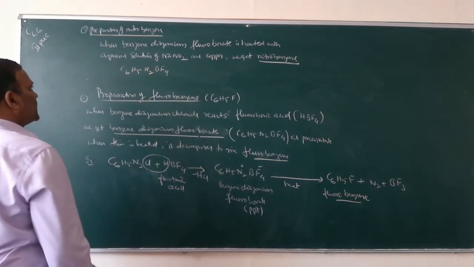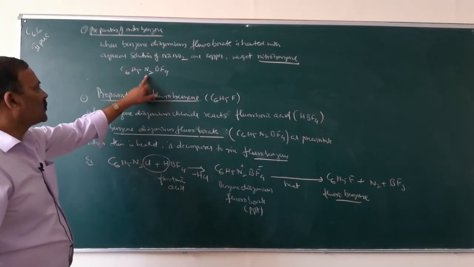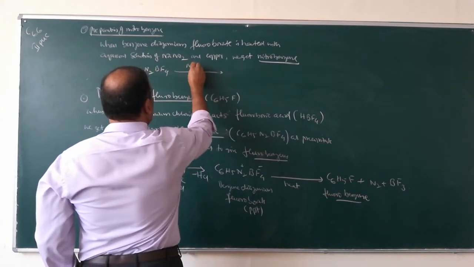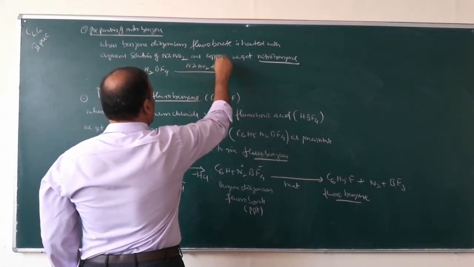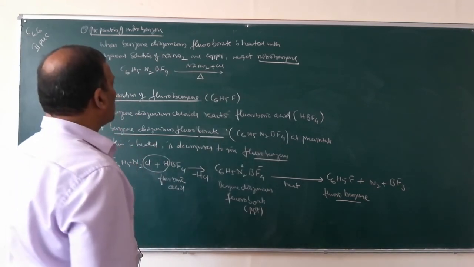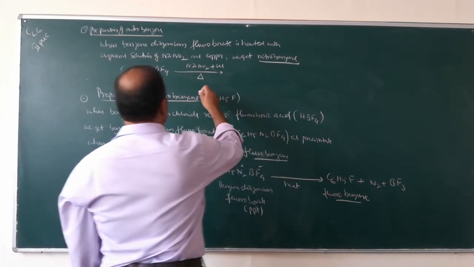So C6H5N2BF4, this is benzene diazonium fluoroborate. When heated with NaNO2 in presence of copper, sodium nitrite and copper, what happens?